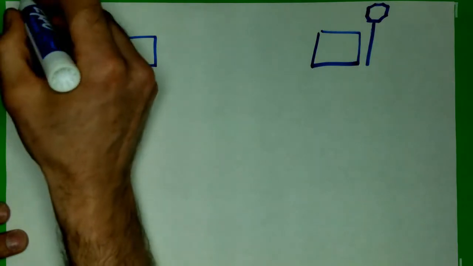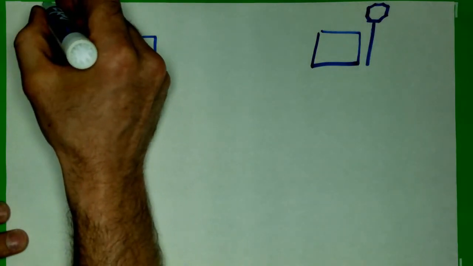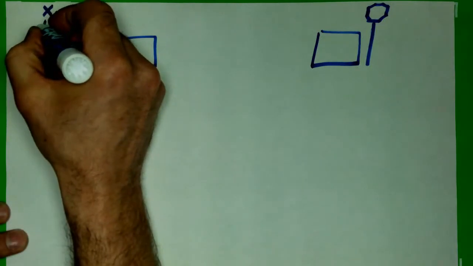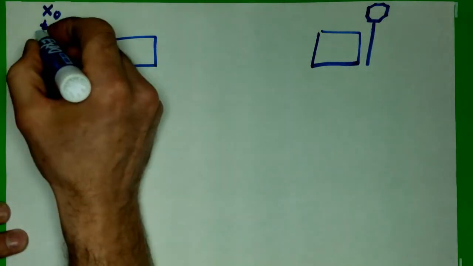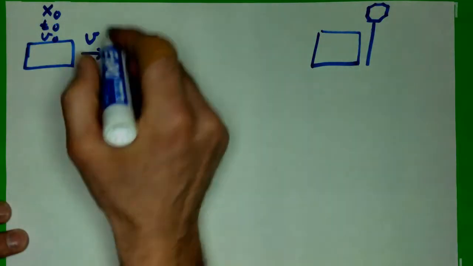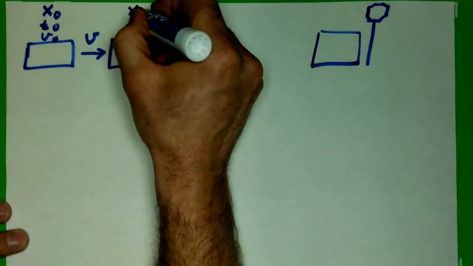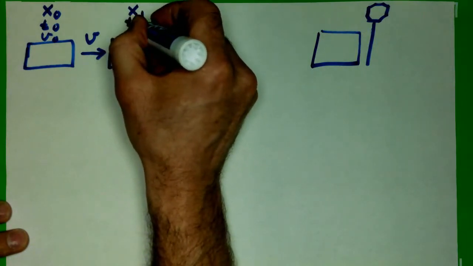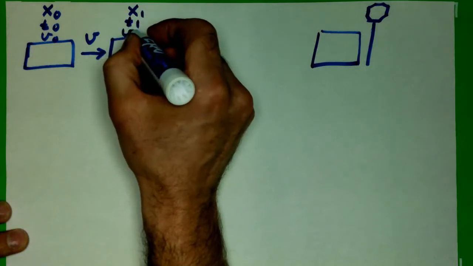So what we can do, I'm going to do it above it. I'm going to say we have an x0 and a t0 and a v0. Okay. At this later time, I've moved some distance to now x1, at a later time, t1, and with a speed v1.